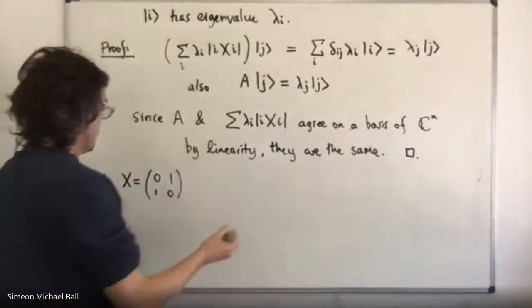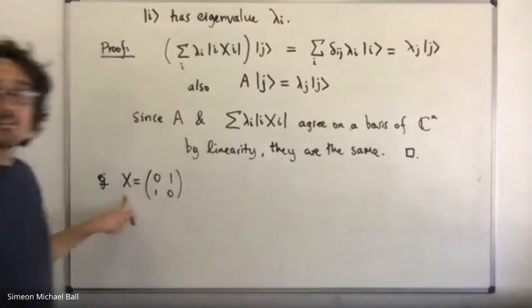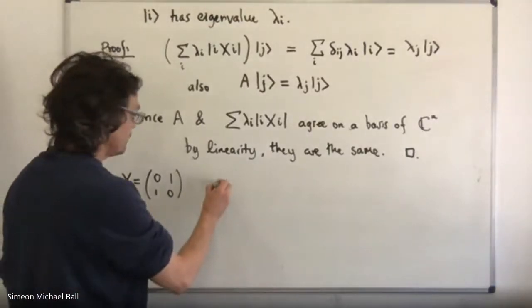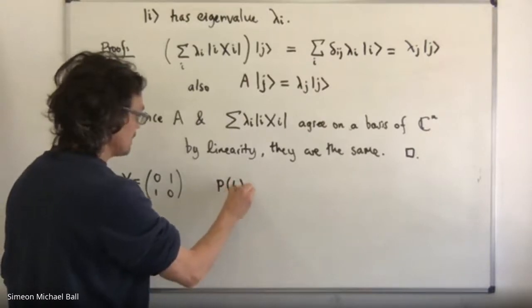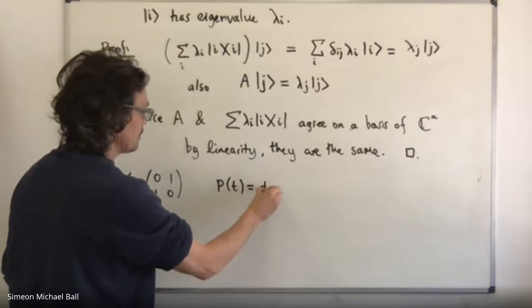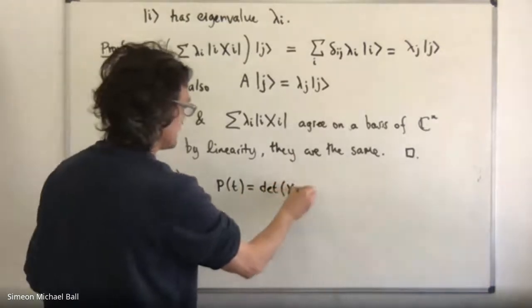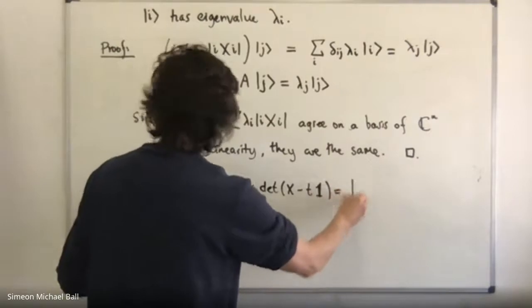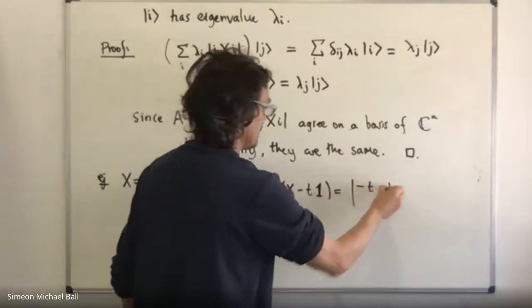So the idea is that to find the eigenvalues, you look at the characteristic polynomial, which is the determinant of the matrix minus t times the identity, which in this case is minus t, 1, 1, minus t.